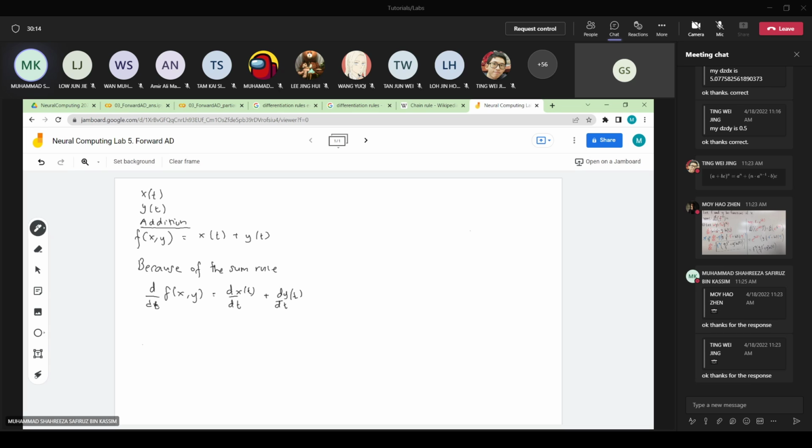But if you think again about the summation rule, you can also use the chain rule. There is some sort of a chain rule in here. I'll show you just a moment.